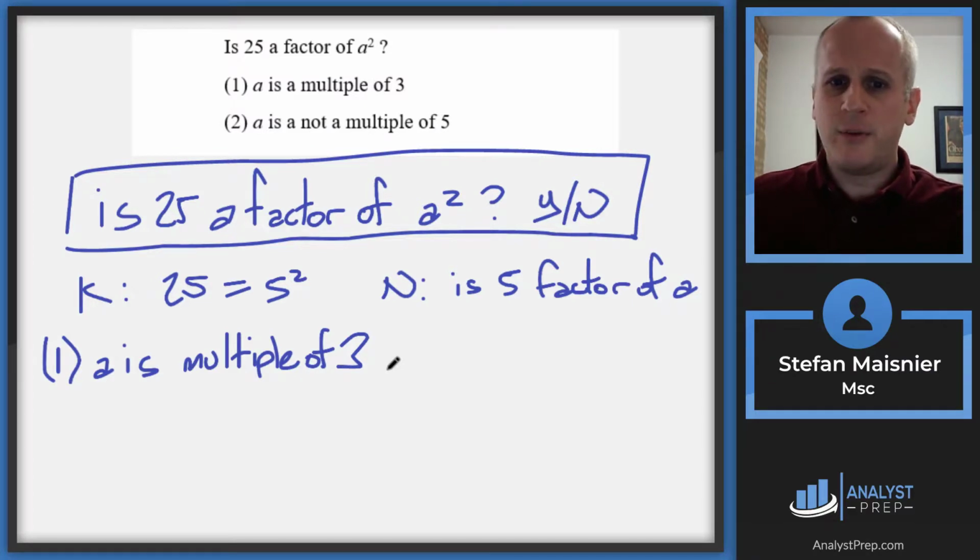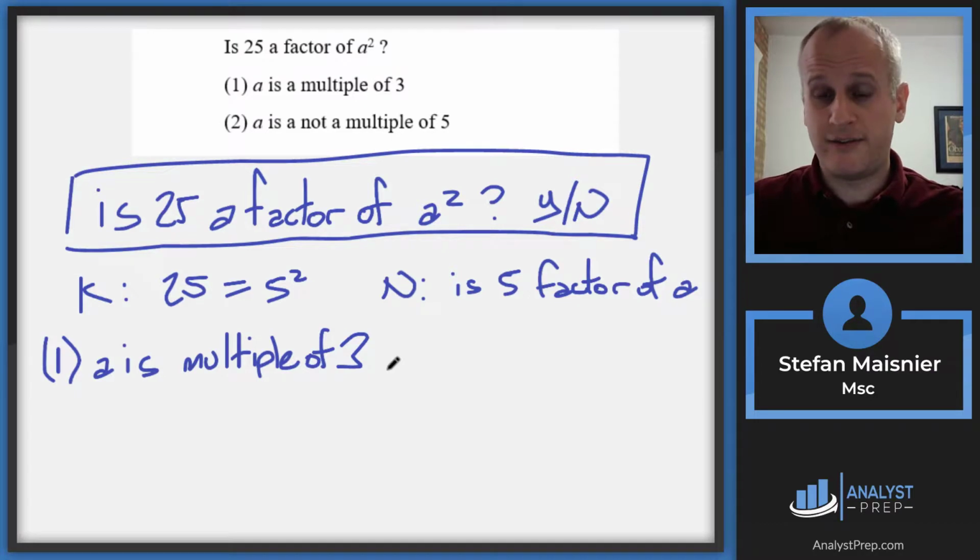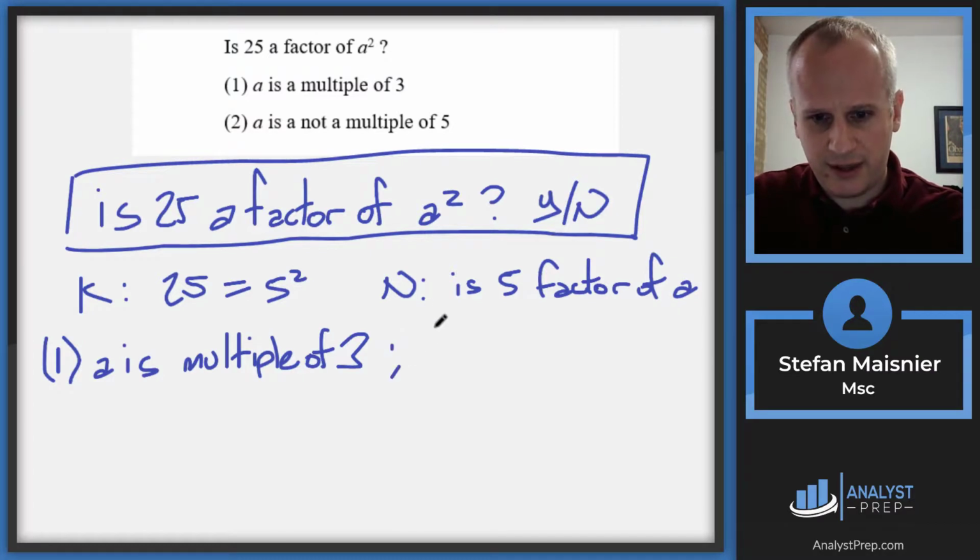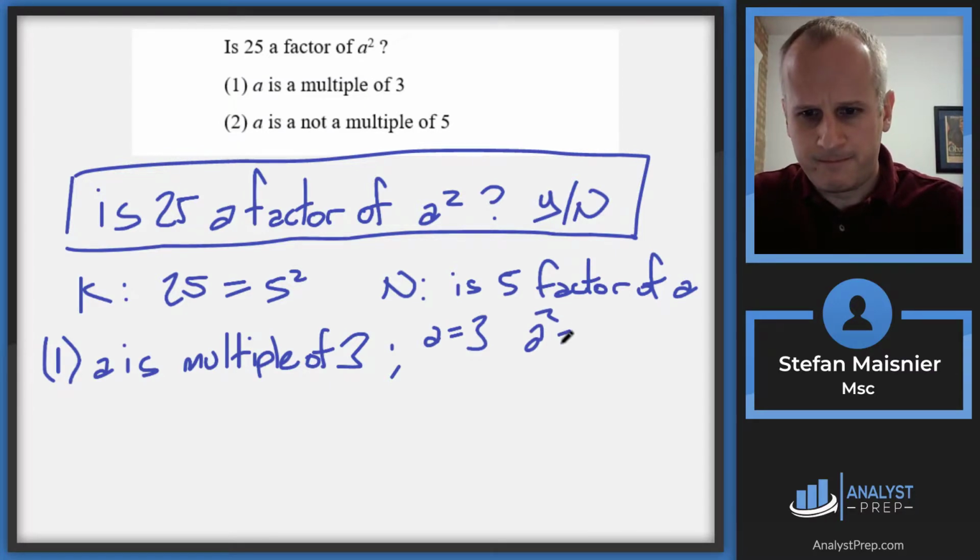Now remember that when you're dealing with yes-no data sufficiencies, it can be beneficial to consider circumstances by plugging in. So let's just say, if a is equal to 3, then the answer to the question about a squared having 25 as a factor is no, because a squared is equal to 9.